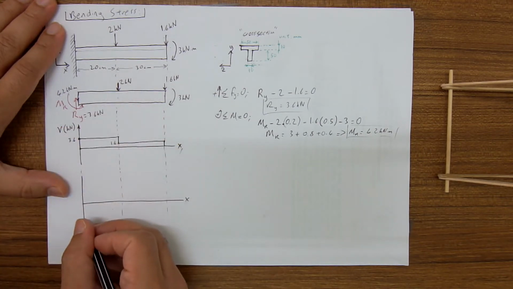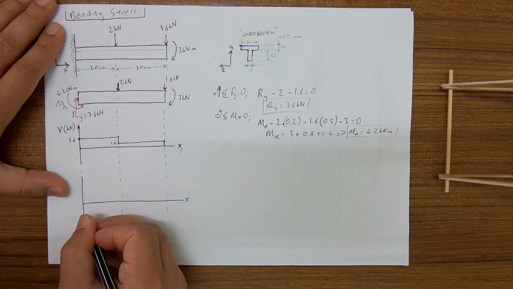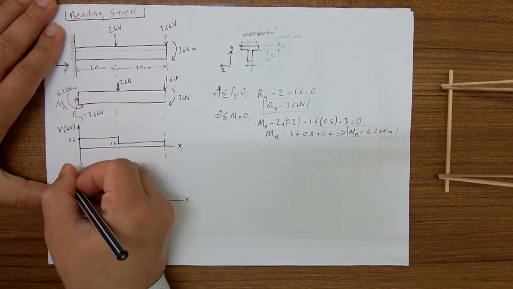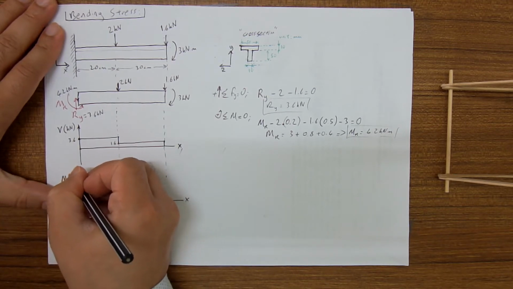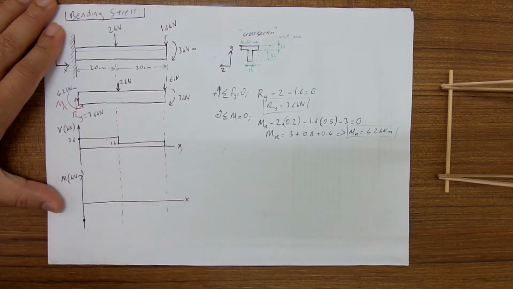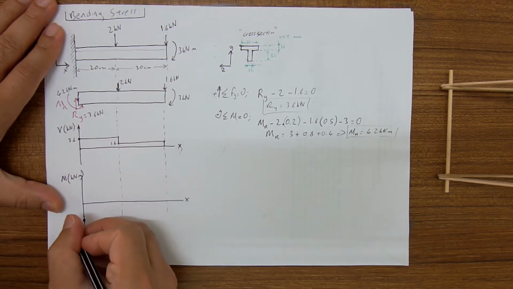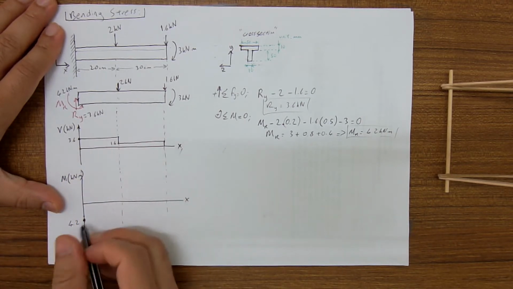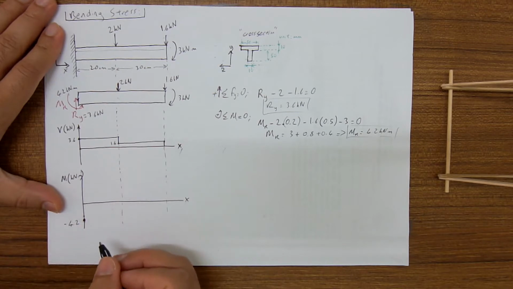Therefore, we start from negative 4.2. The unit is kilonewton meter. Minus 4.2.